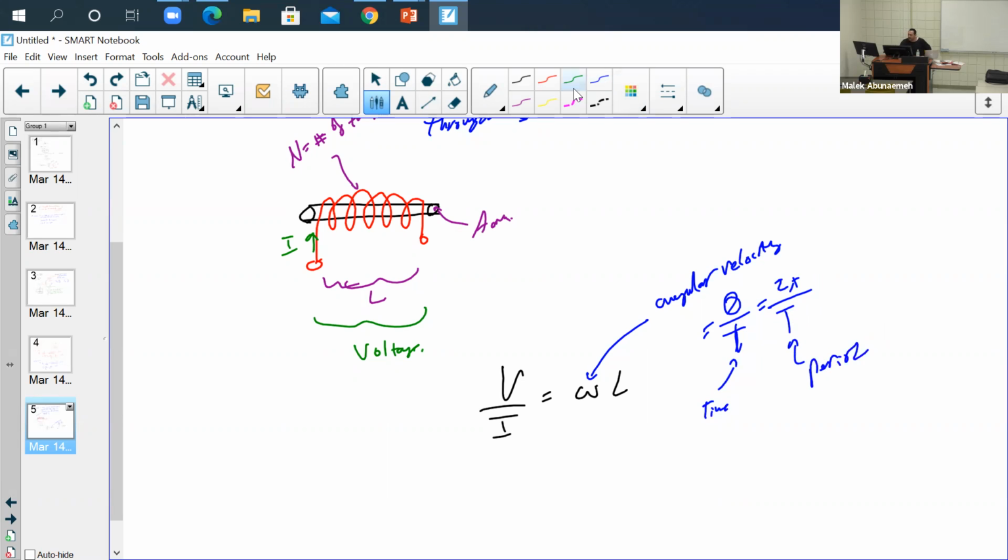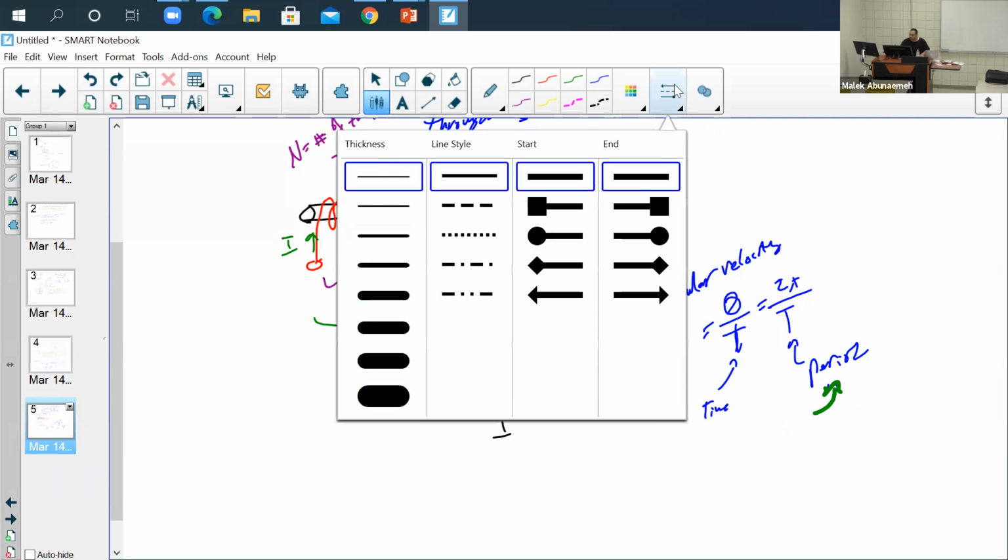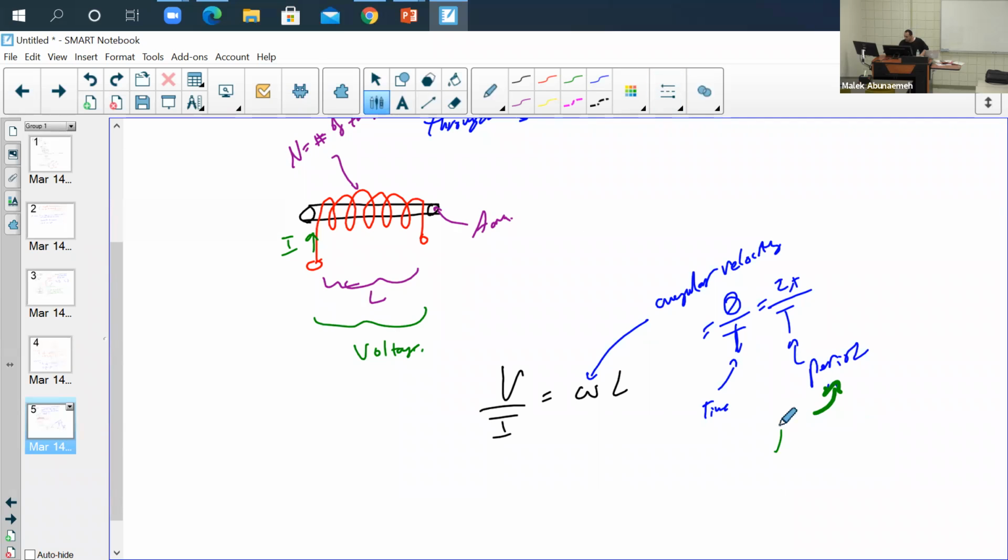Now, we define the period as 1 over your frequency. Let me get a different color on this. So your period is defined as 1 over your frequency, and let me label this, that's your frequency.